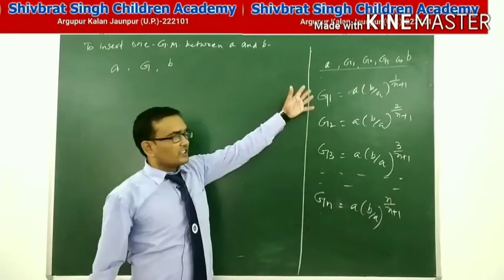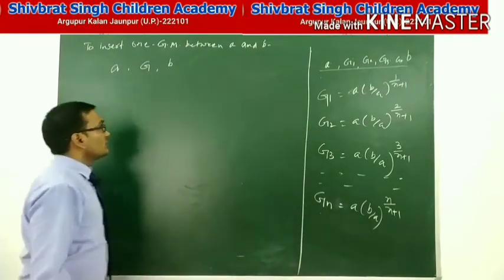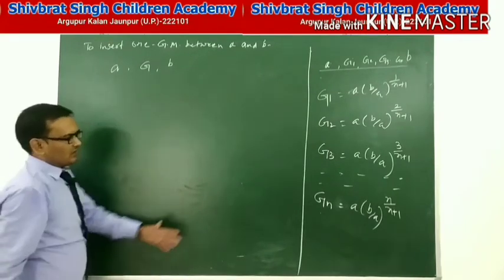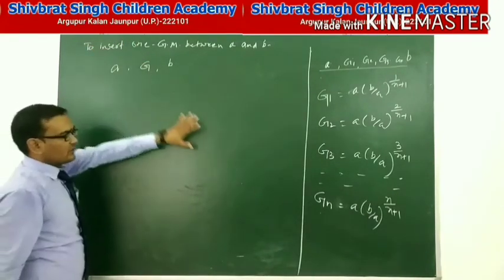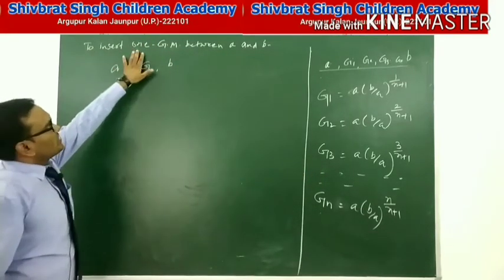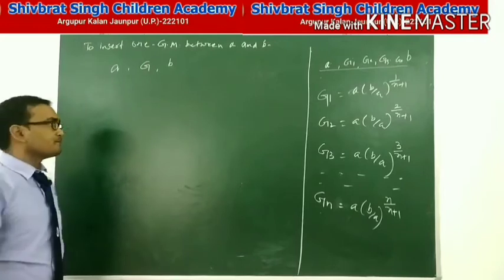We have already studied this in the previous lecture. Now we insert one geometric mean between them. This is the general case and this is the special case, for one geometric mean between a and b.